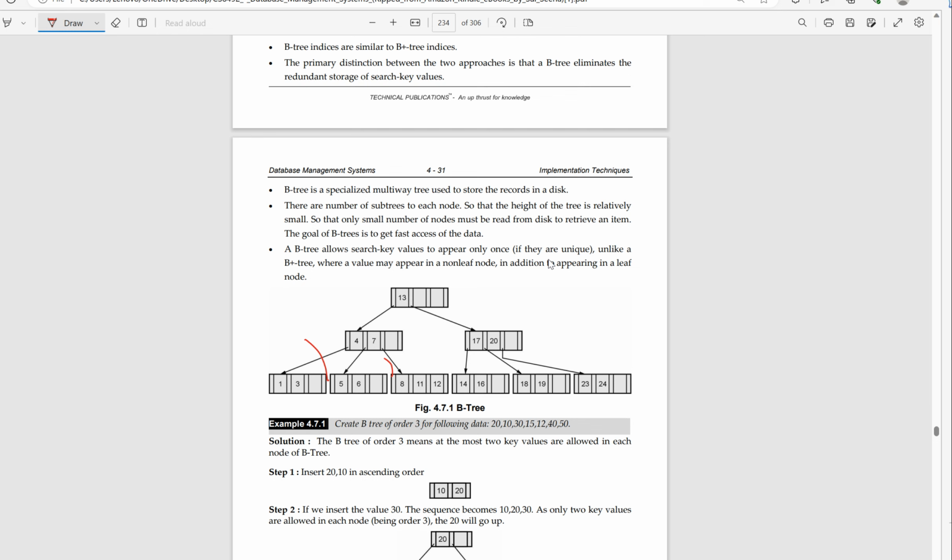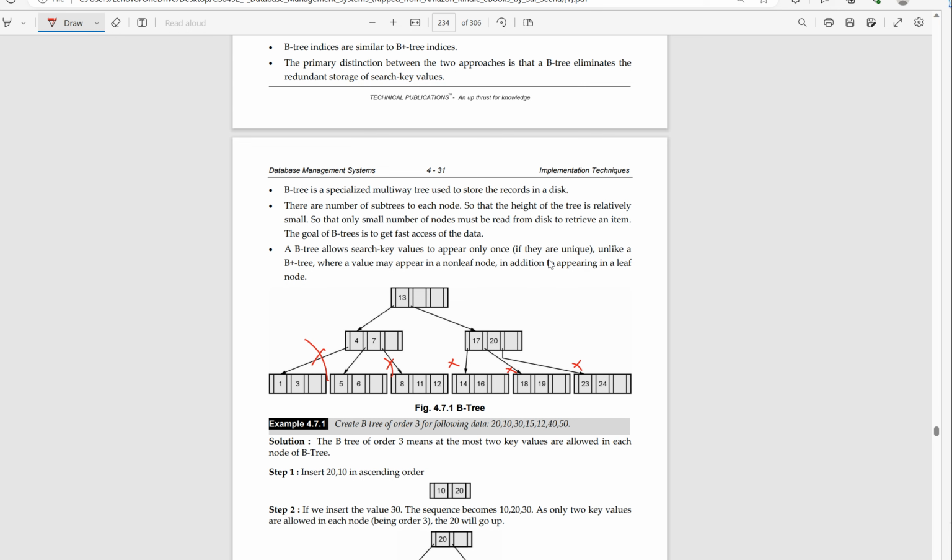There will be no pointers. That means only a single copy of a value will be maintained in the B tree, so there is no duplication.